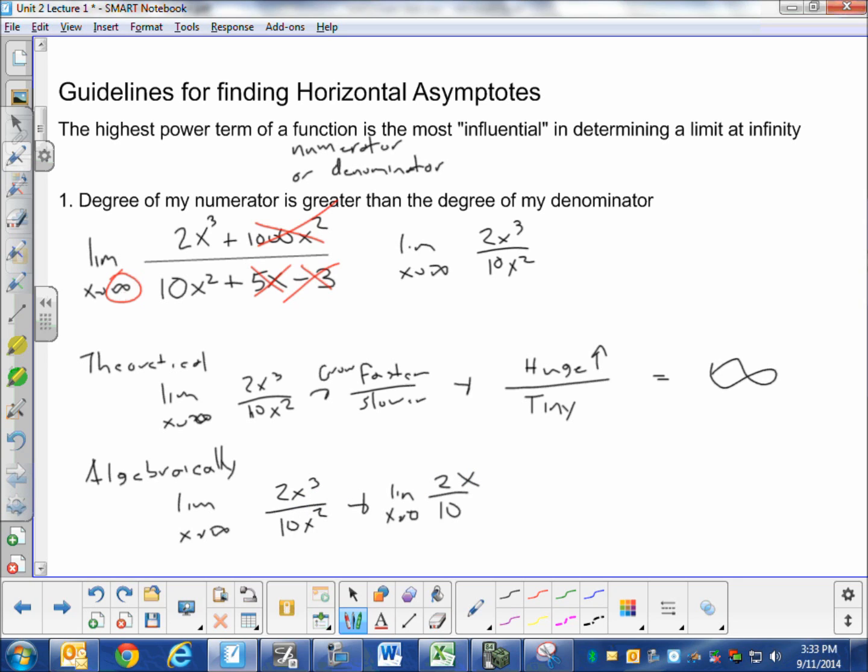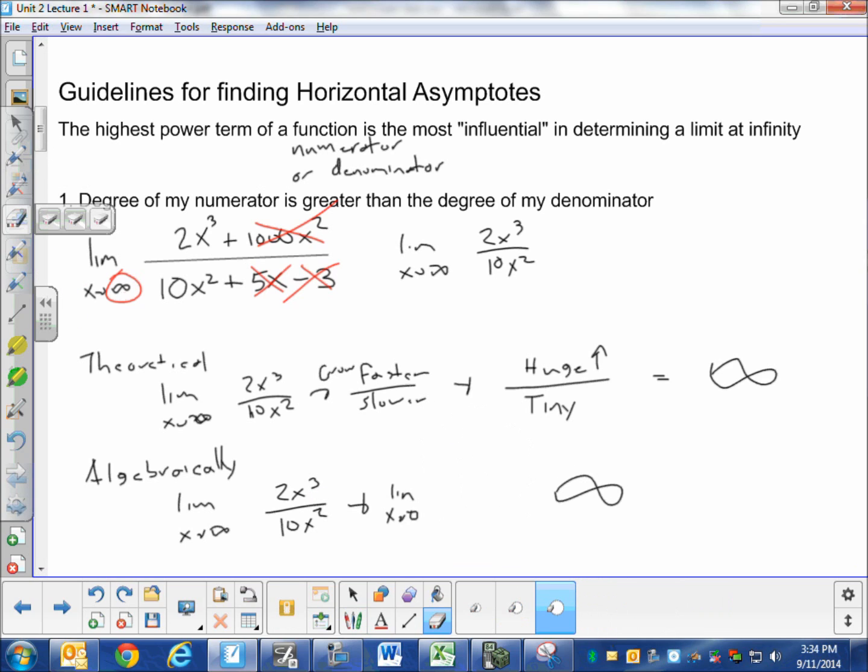As x approaches infinity, this entire thing will grow to be infinite. Right? Just makes sense. It'll be 2/10 times a big number. Okay, I just canceled 2 of these x's. You can make this 2/10 as 1/5 if you really wanted to, and you could have done 1/5 times x.